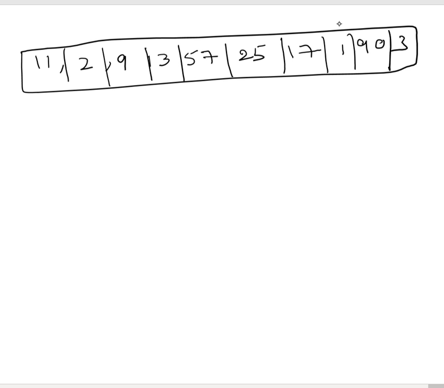We need to arrange these elements in an order. So what is the first step? We need to construct the heap. What is the second step? We can delete the root element.